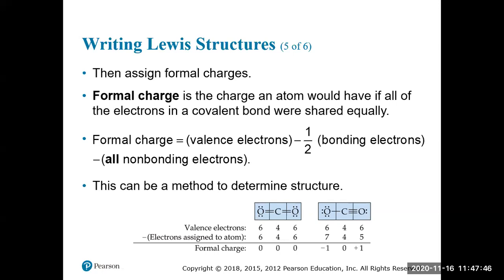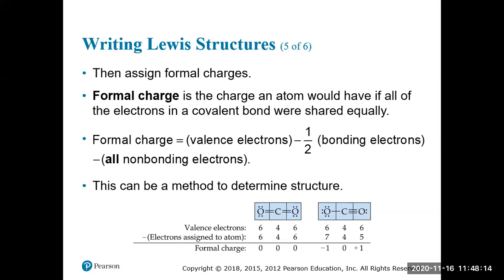And remember, we get the number of valence electrons from what group it is in the periodic table. And then from that, we subtract 1/2 times the bonding electrons, and then subtract all the non-bonding electrons. So that's those free dots that you see that aren't involved in a bond. So let's go ahead and do that for these 2 that we're considering down at the bottom.